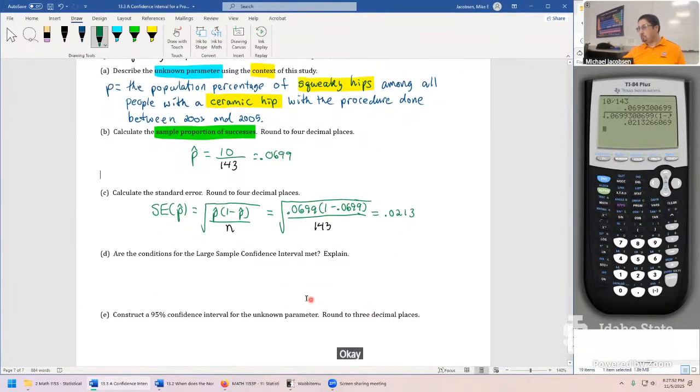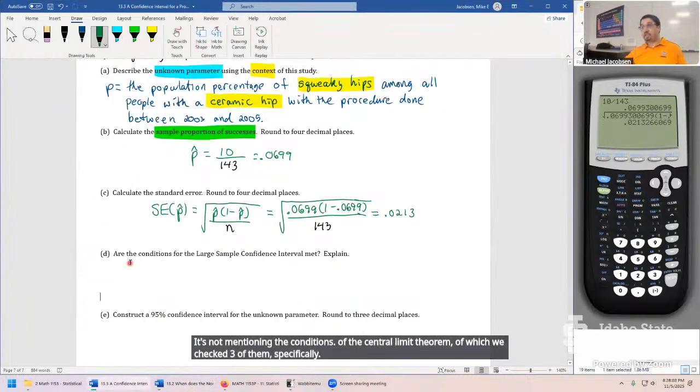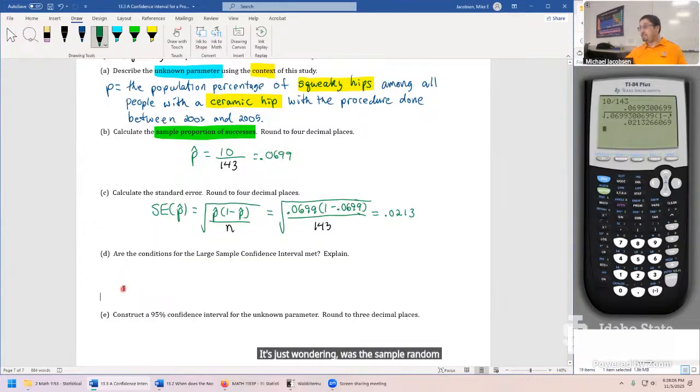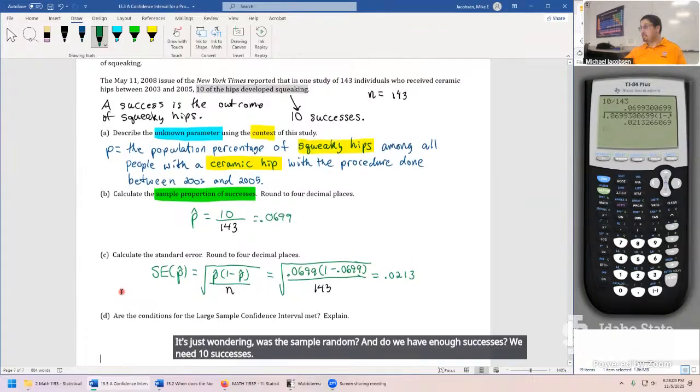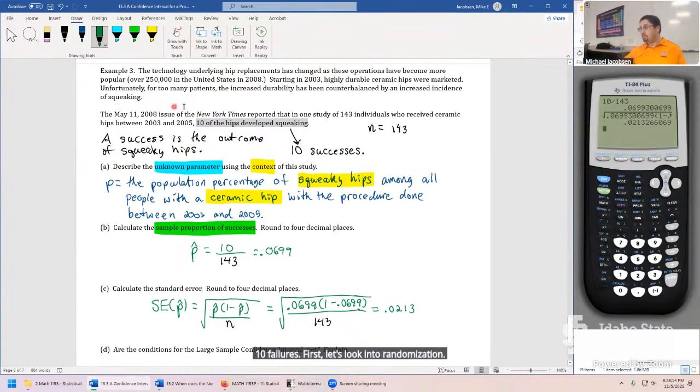Okay, now we're going to check the conditions briefly. It's not mentioning the conditions of the central limit theorem, of which we checked 3 of them specifically. It's just wondering, was the sample random? And do we have enough successes? We need 10 successes, 10 failures. First, let's look into randomization. Reported that in one study, 143 individuals received a ceramic hip.